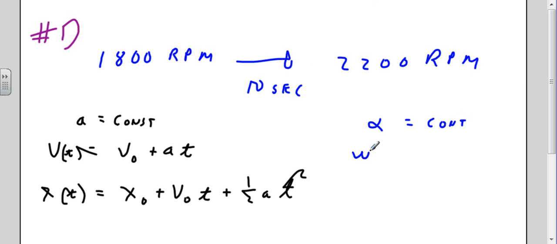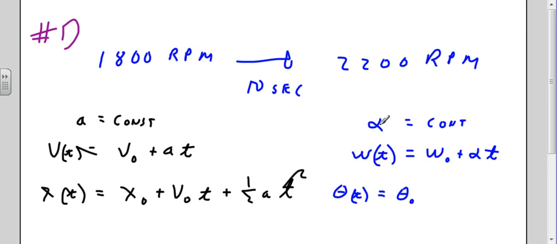And then my angular velocity, that's an omega in case you're wondering, at time t is going to be omega naught plus alpha t, and my position at time t is going to equal my position naught, and these things are in radians per second and radians per second squared, plus omega naught t plus 1/2 alpha t squared. And that's where we're getting the formula that says alpha is change in omega over change in time. We're getting that from these equations.